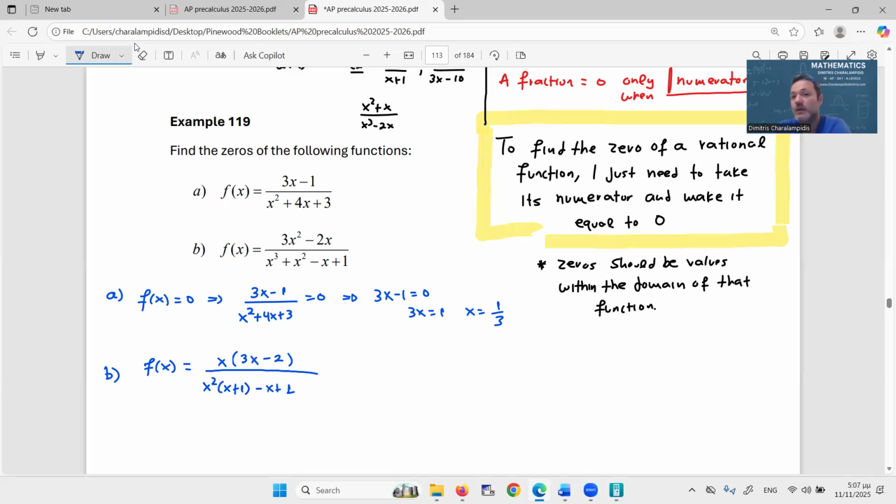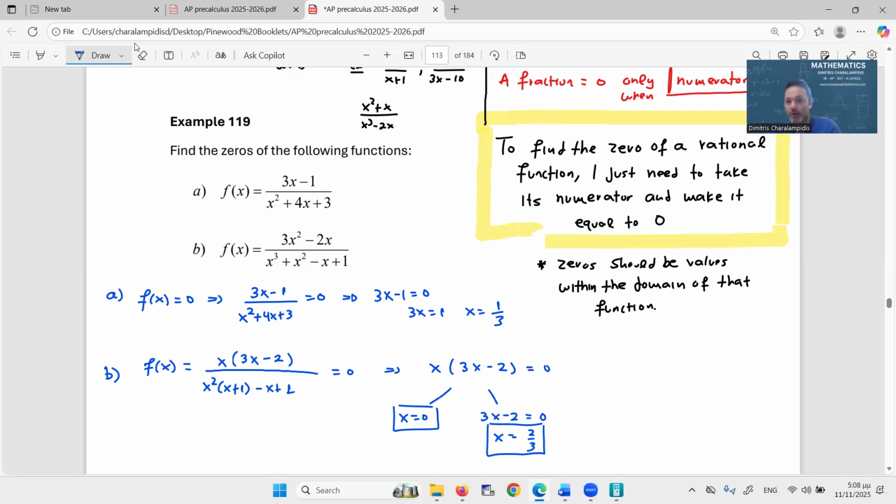This is important because I just found that there are no common factors on top and at the bottom. So it would be safe for me, in order to get the zeros, to continue working just with the numerator. So x times (3x minus 2) is 0. So either x is 0 or 3x minus 2 is 0. So either x is 0 or x is equal to 2/3, which means that this particular function had two different zeros.